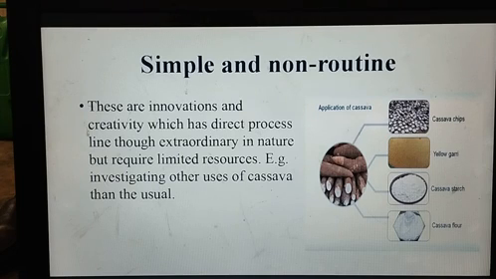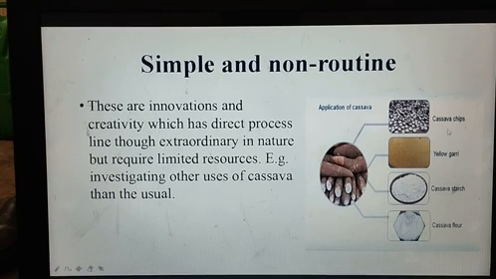For example, I've given an example here. You are investigating other uses of cassava than the known ones. If we see this picture here, we can leave the known use of cassava as only food, but we have these other things: cassava chips, the yellow gari, cassava starch, the cassava flour.